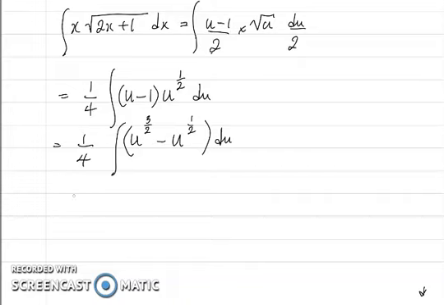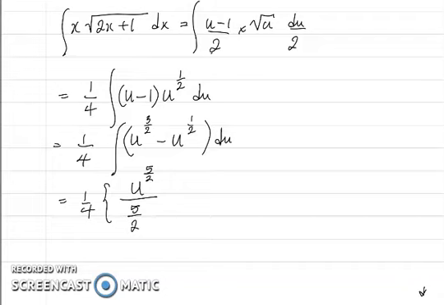So this would be equal to 1/4. Whenever you integrate, you increase the power by 1. So this is u to the 5 over 2, and then I divide by the new power, which is 5 over 2.